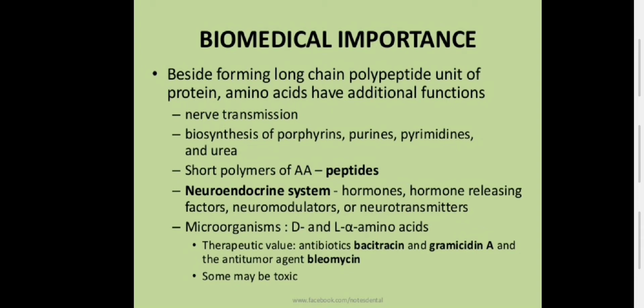Bacitracin is actually used for the prevention of minor skin infection. Gramicidin is also called a mix of ionophoric antibiotics, a type of polypeptide antibiotic that forms small pores in the cell membrane, similar to nystatin. And lastly, blumicin is actually called an anti-cancer or anti-neoplastic.